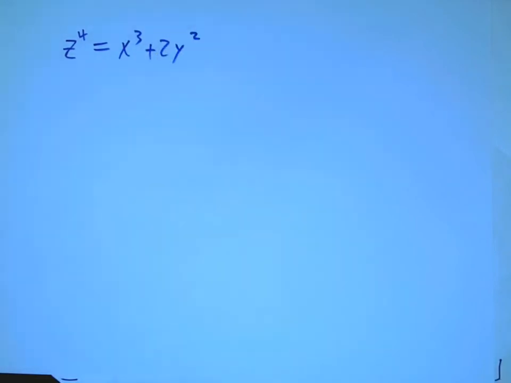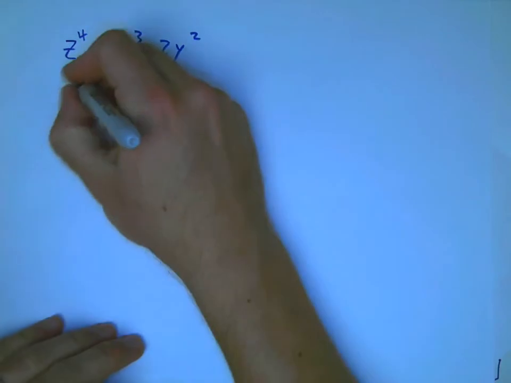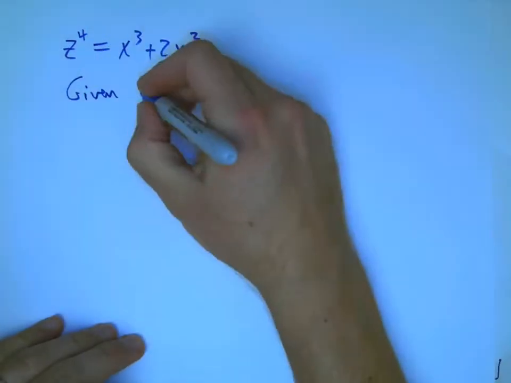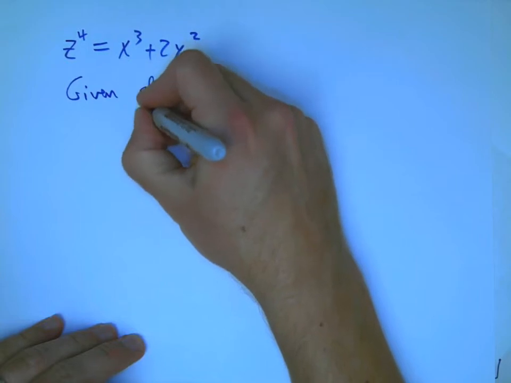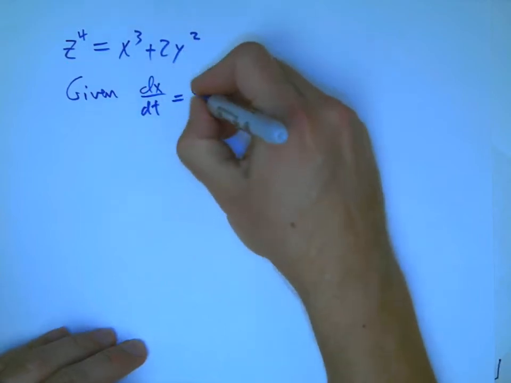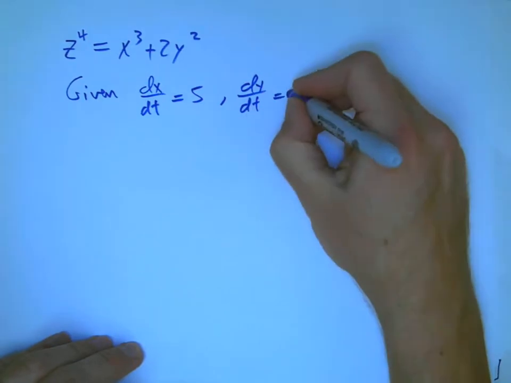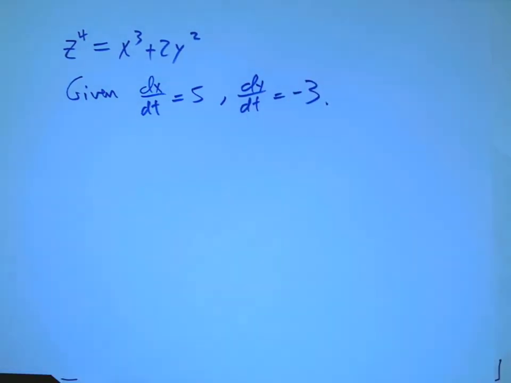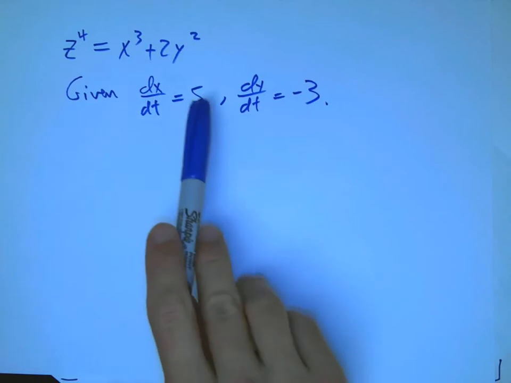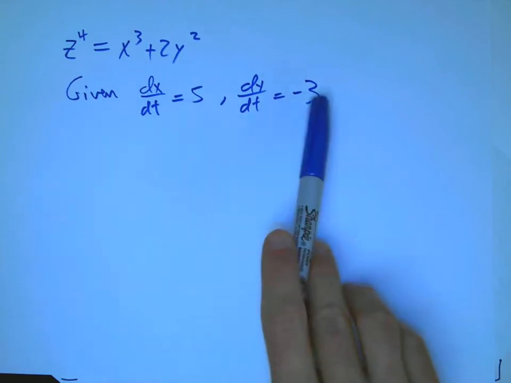Suppose I have this known relationship between three quantities x, y, and z. Let's not worry about why we would know that in a word problem context. Suppose we know that's a true fact, and I'm given that dx/dt equals 5, and dy/dt is minus 3.